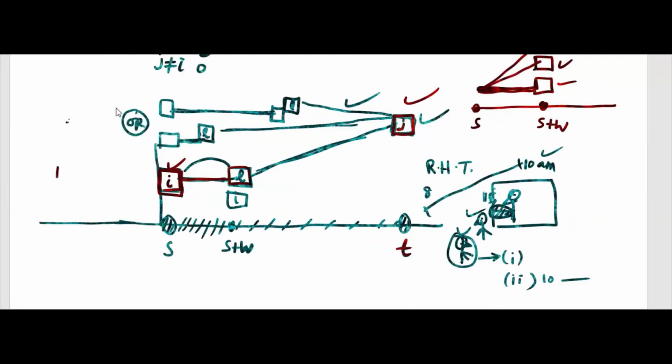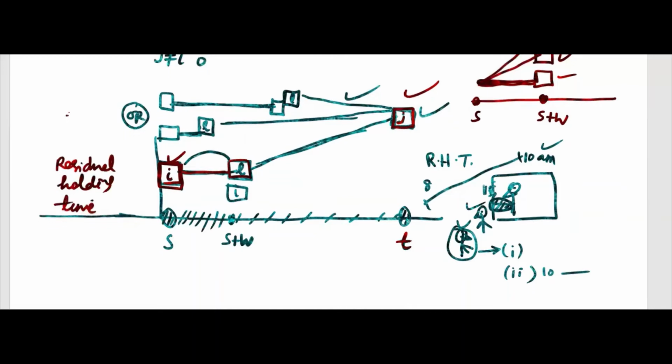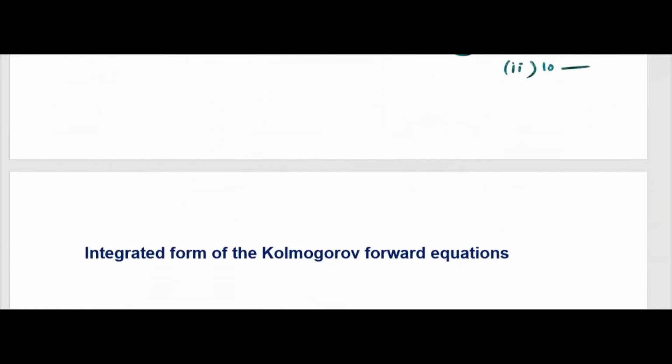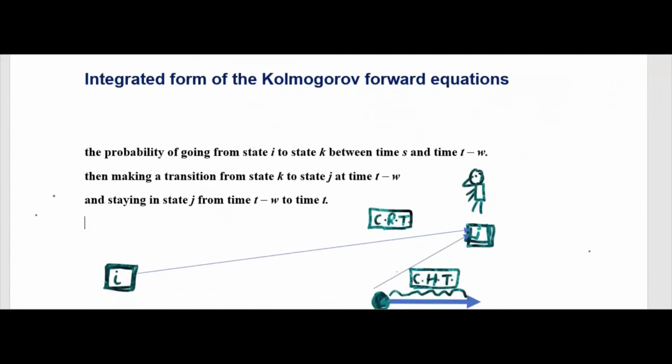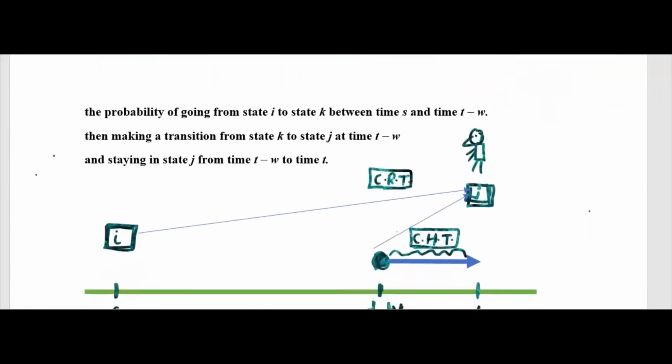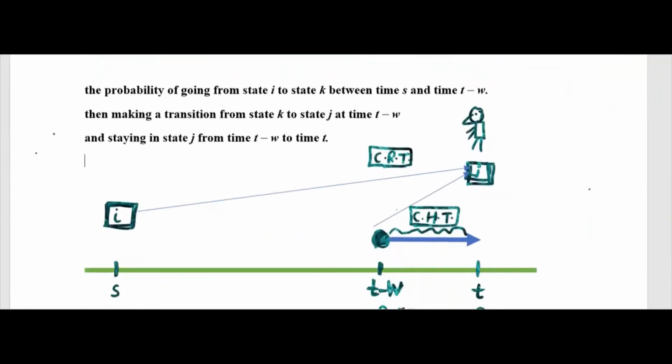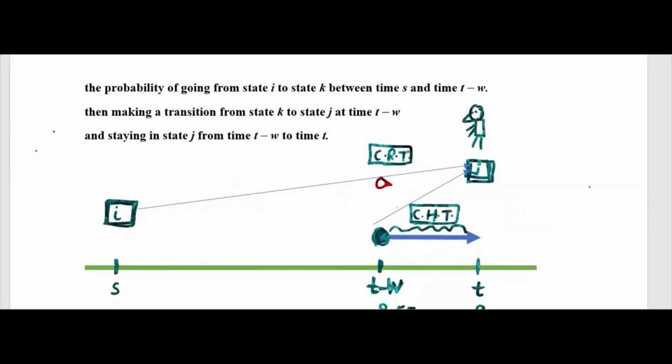So in that sense, this is residual holding time. Okay, residual holding time. And when I say current holding time, by the name, if this guy says, okay, that's fine, you are already here, I'm happy to see you here at this time.